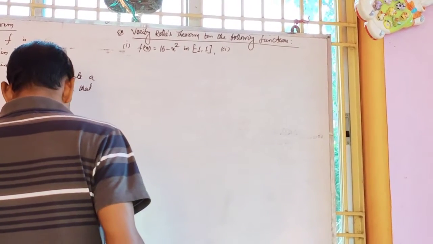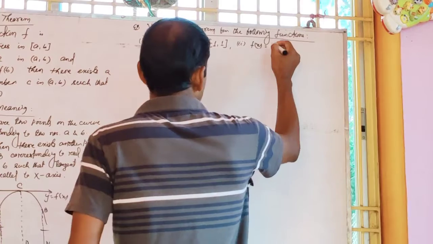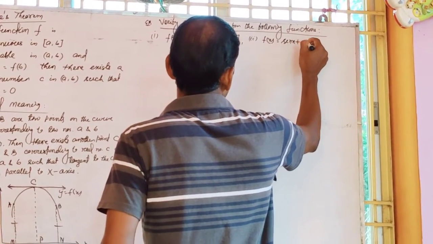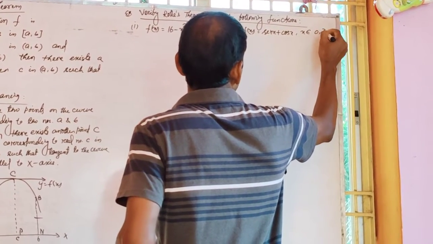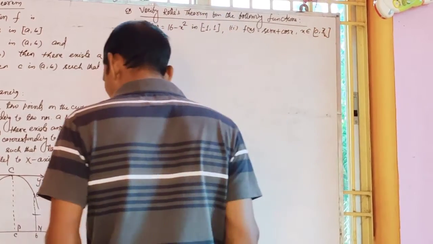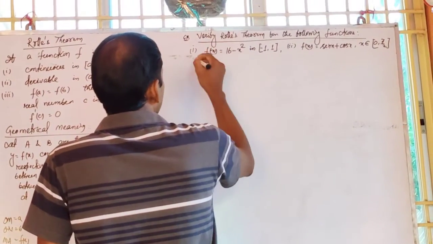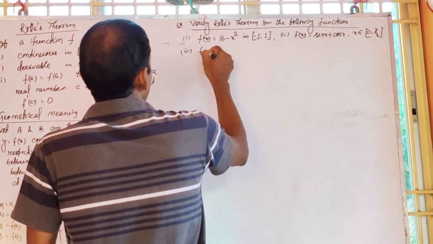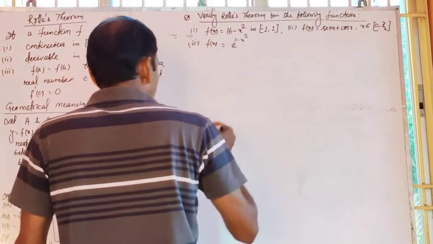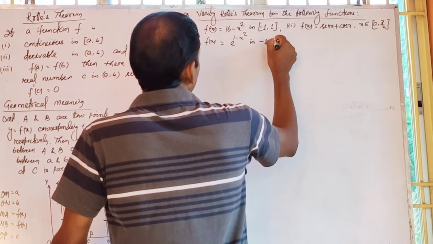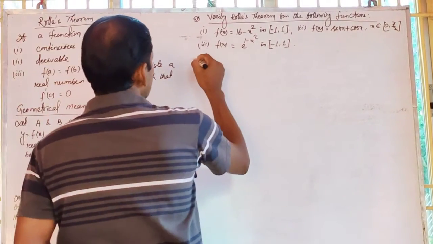And second, you write f of x equal to sin x plus cos x, x belongs to the closed interval 0 to pi, and third, f of x equal to e to the power 1 minus x square. Suppose these three.